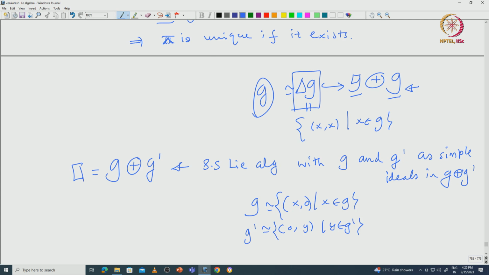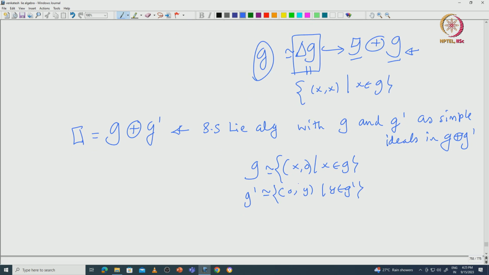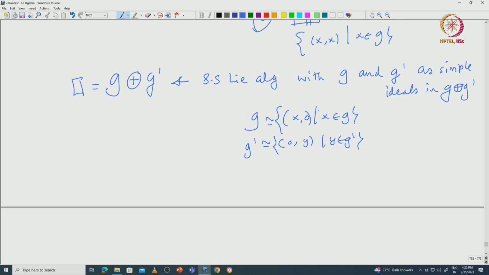Both are ideals, both are simple, easy to see, and from semisimple Lie algebra theory you can see these are the only simple ideals inside this.